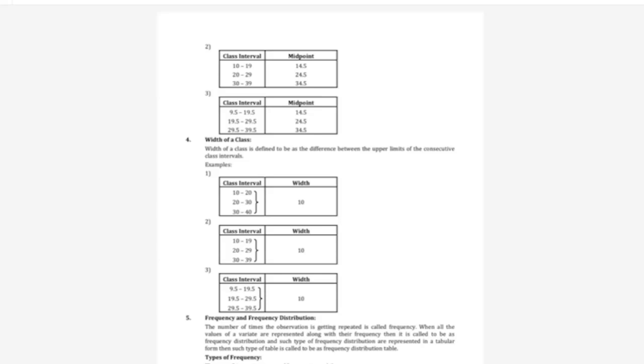But when you try to find the midpoint of a discrete data which is converted into a continuous data, so in that case midpoint remains one or the same, and that you can see from example number 2 and example number 3.